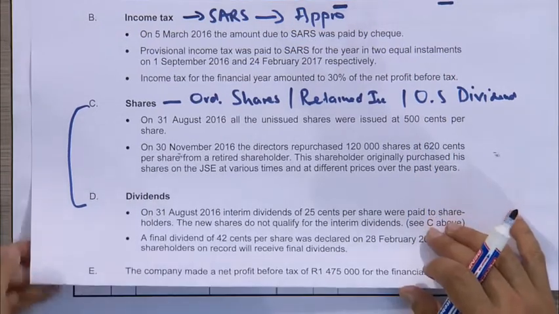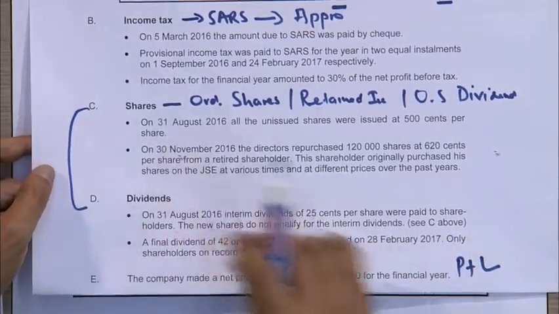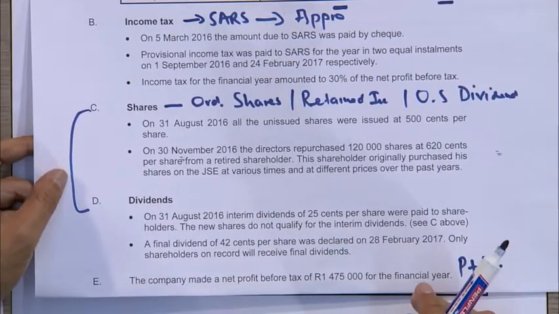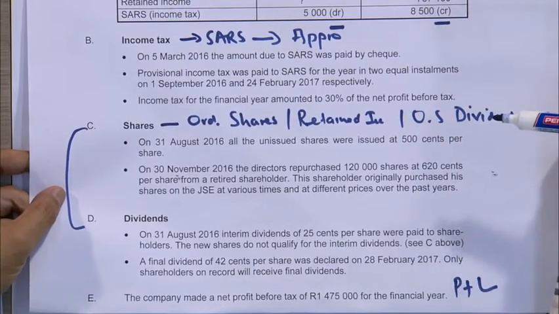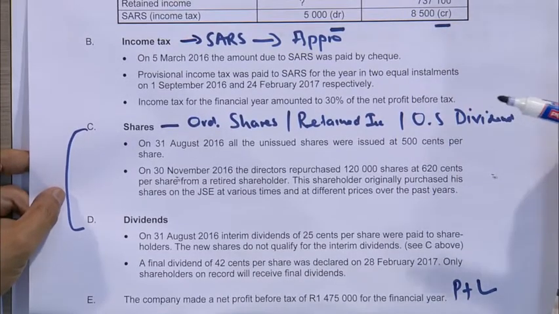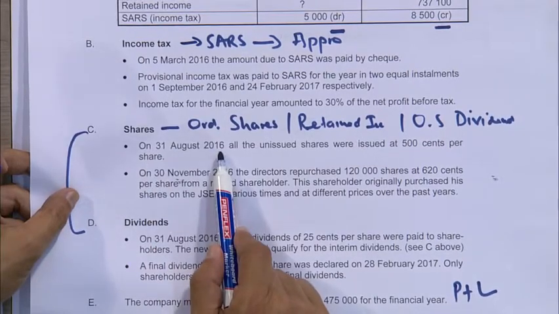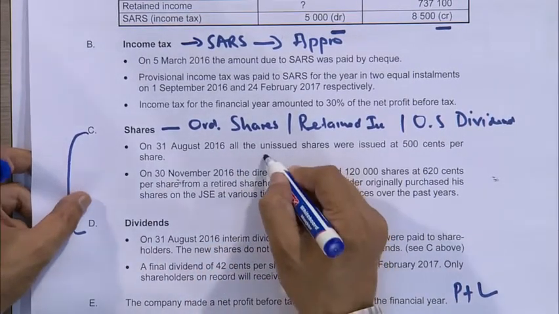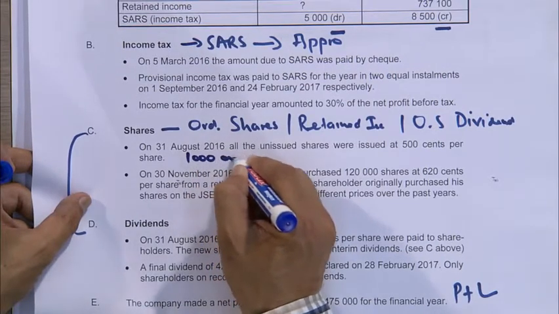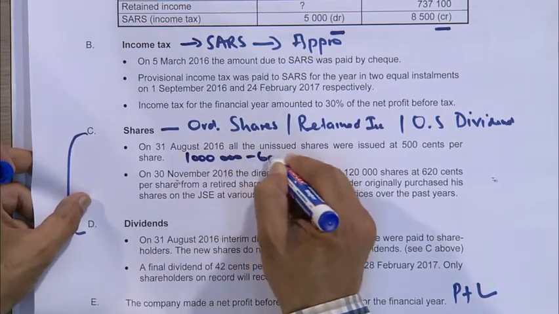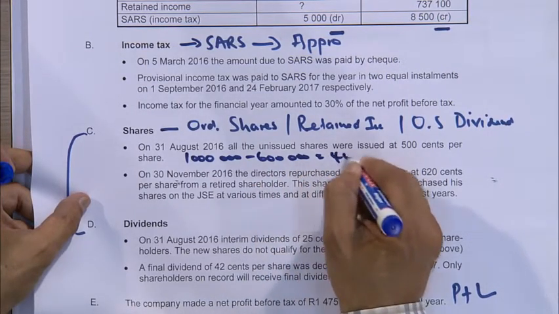So the first account that they want is they want us to complete the ordinary share capital account. Now remember, we started with 600,000 ordinary shares and they were authorized to issue 1 million. Now it says on the 31st of August, all the unissued, in other words, the 1 million minus the 600,000 equals 400,000.